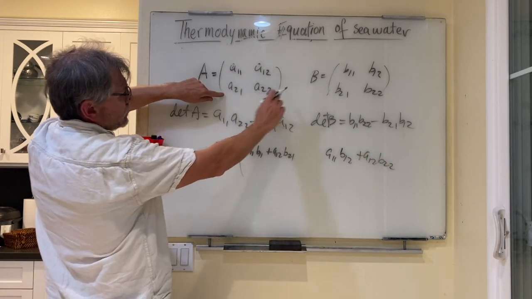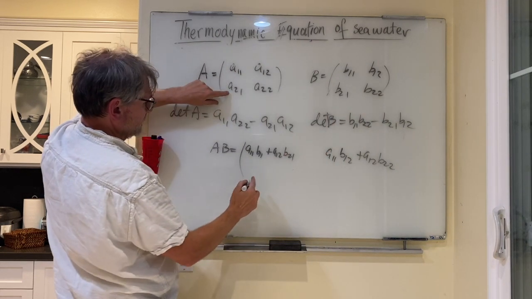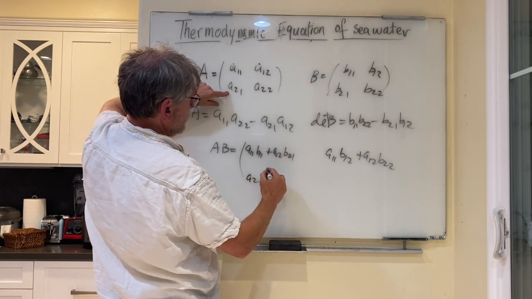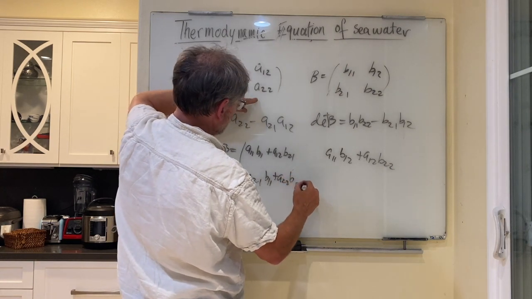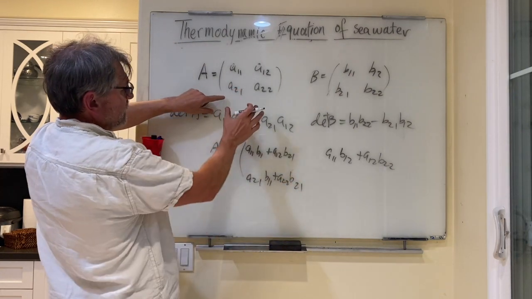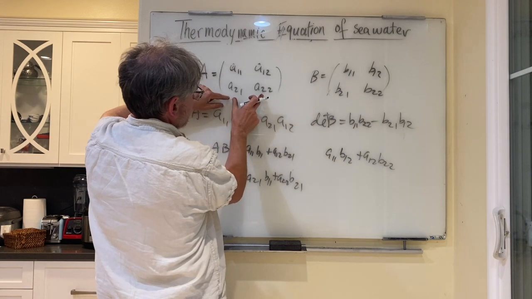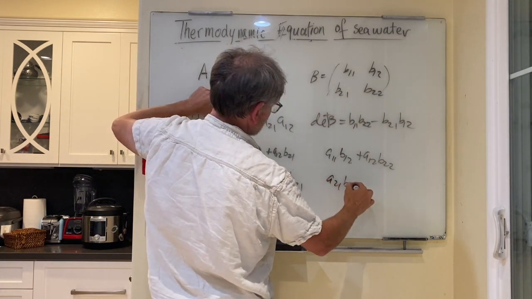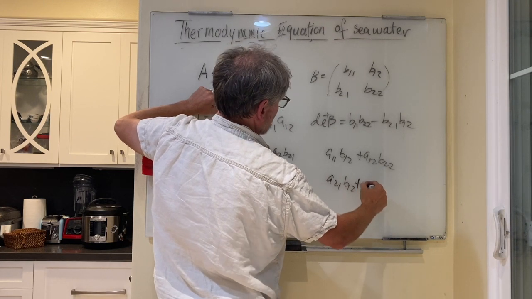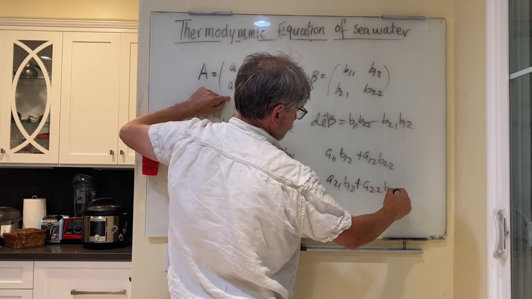Then this row times this column to get this element, A21 B11 plus A22 B21. And finally, the lower one is the last row and the last column, A21 B12 plus A22 B22.